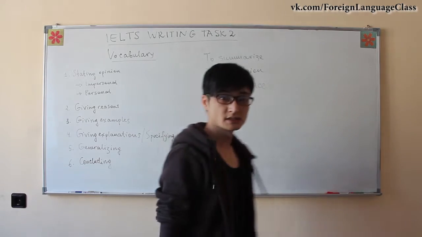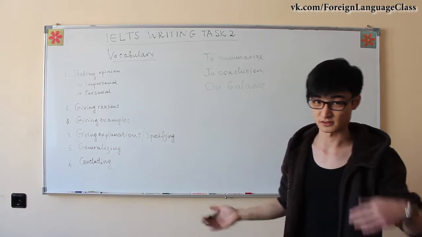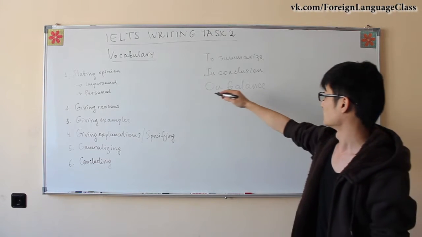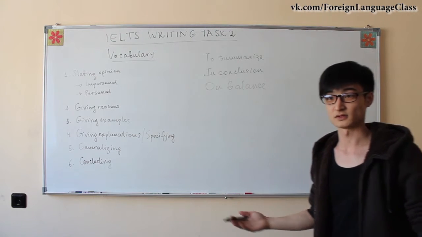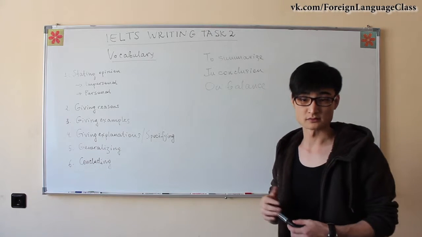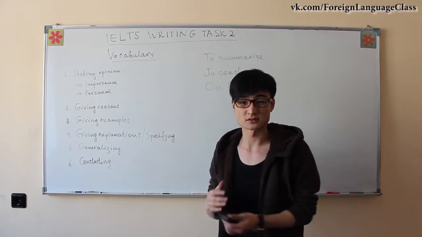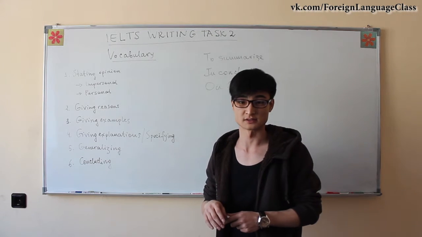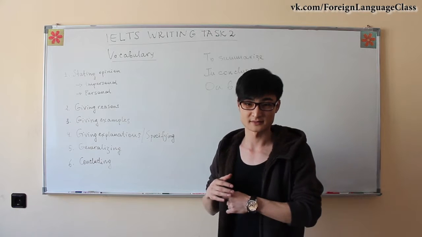On balance means that you have considered advantages and disadvantages, pros and cons, and on balance you are saying that you agree or disagree or something like that. Okay, so now I would like to move on to a specific example of the IELTS academic writing task 2.